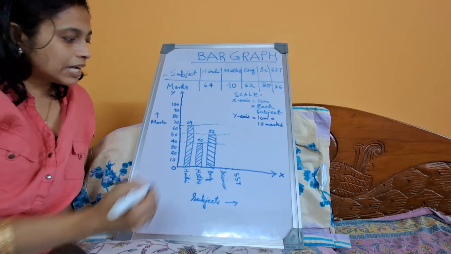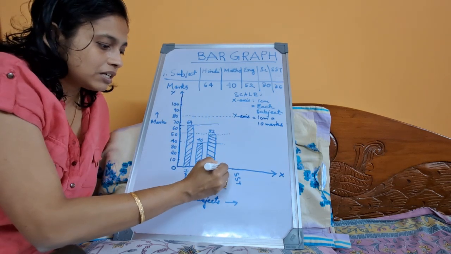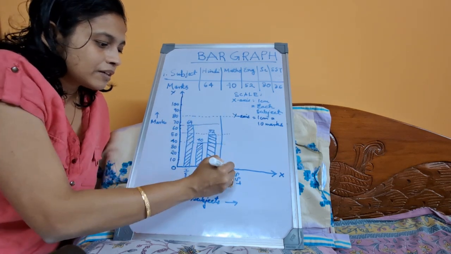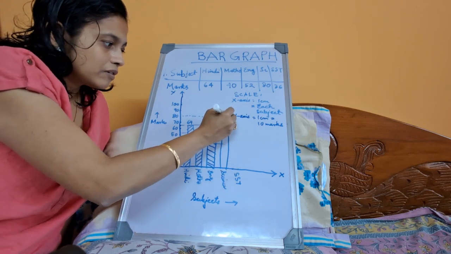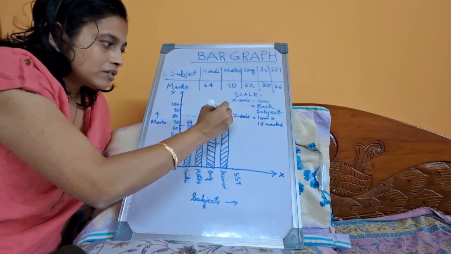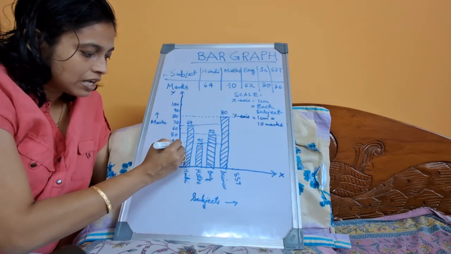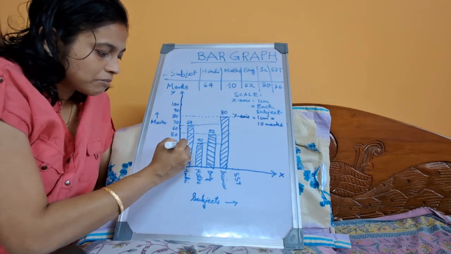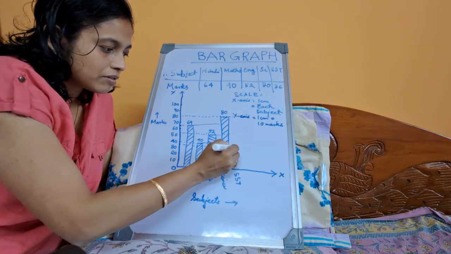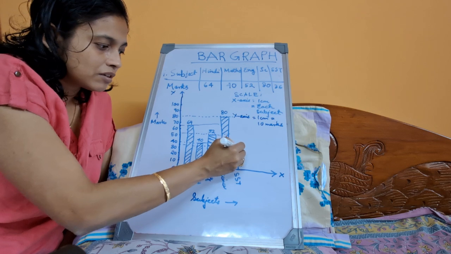Similarly, science is 80. So extend the horizontal line from 80, a thin line. This gives you science 80, and finally 36. So 30 and 6 millimeter squares. Draw a thin line, extend this.